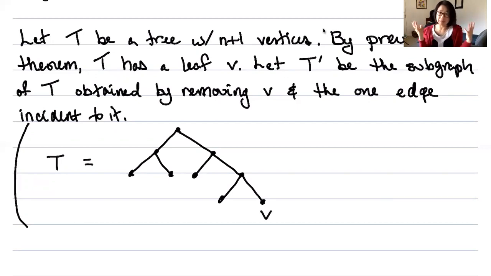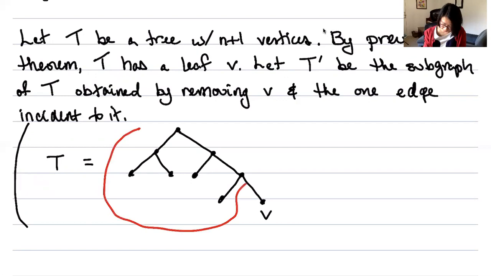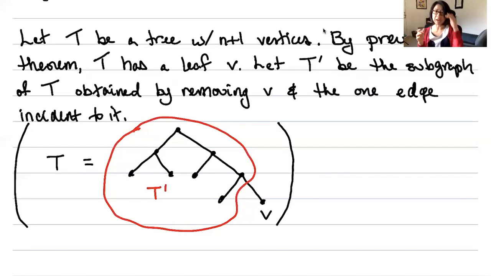There are many leaves, but this is one of them. And what we're going to do is let T prime be this part of the graph. Now, what can we see must be going on? So I'm going to say it and then I'll write it.